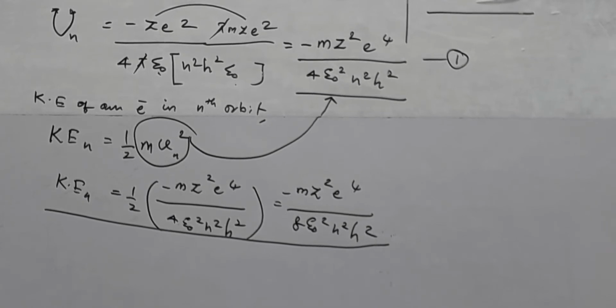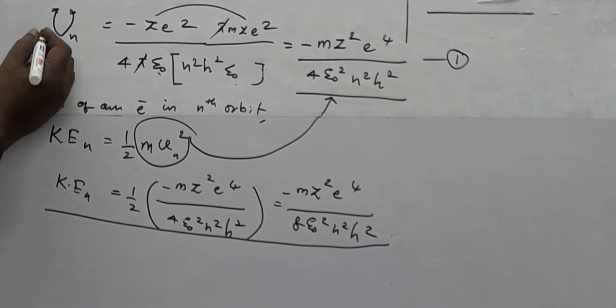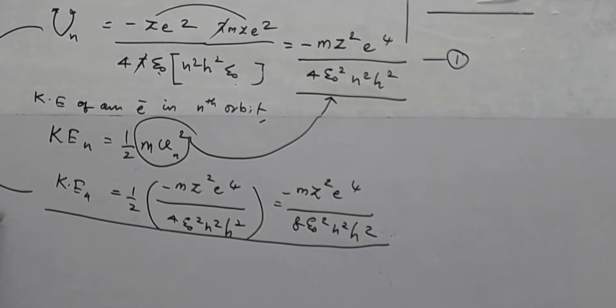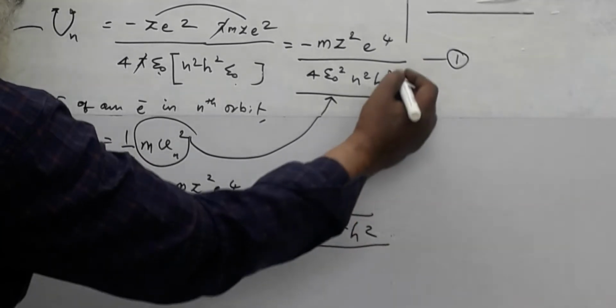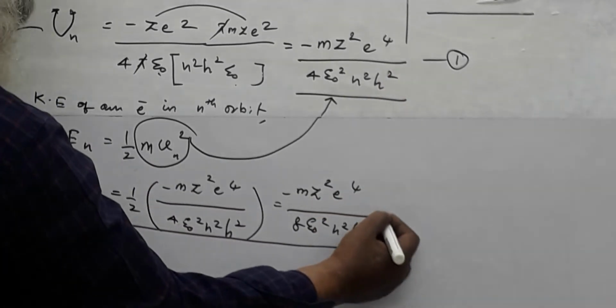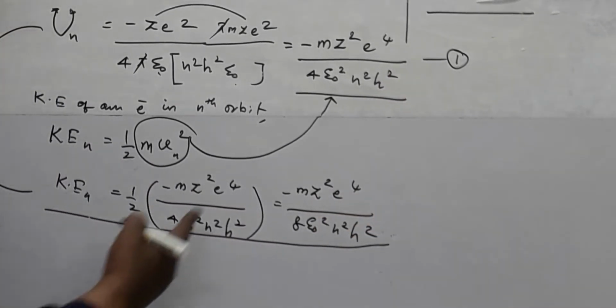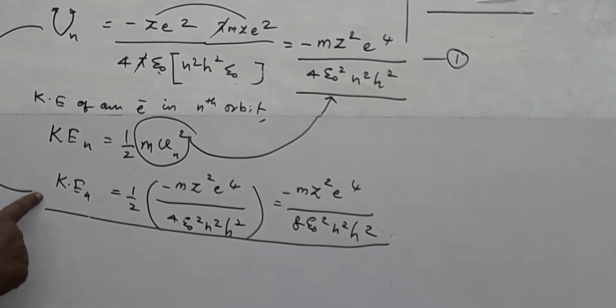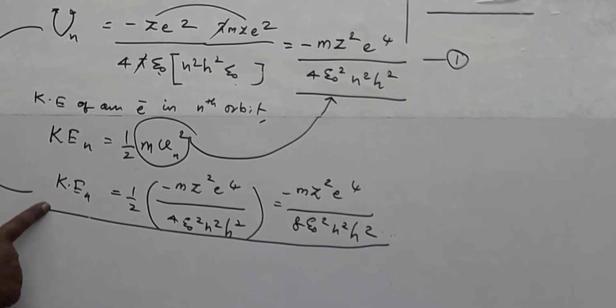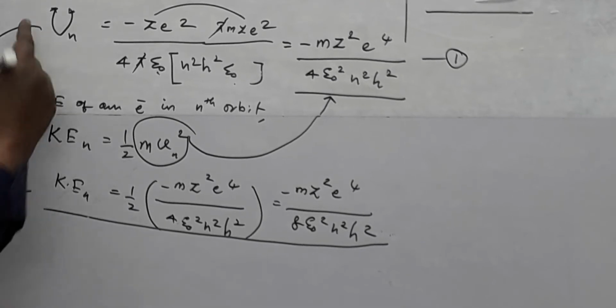Now what is the difference between Un and the kinetic energy? If you multiply the kinetic energy by 2, 2 times the kinetic energy is equal to Un.